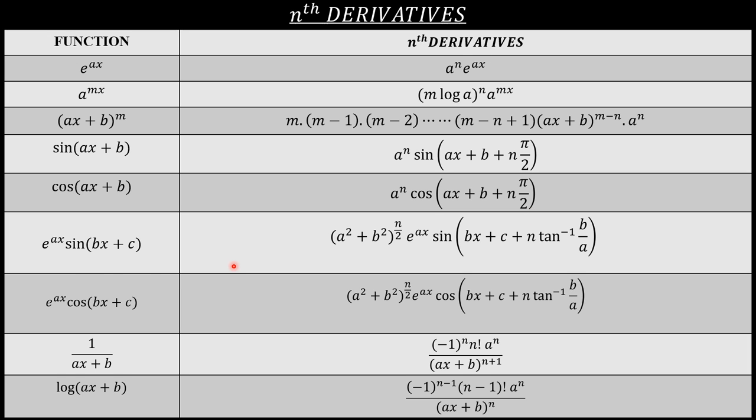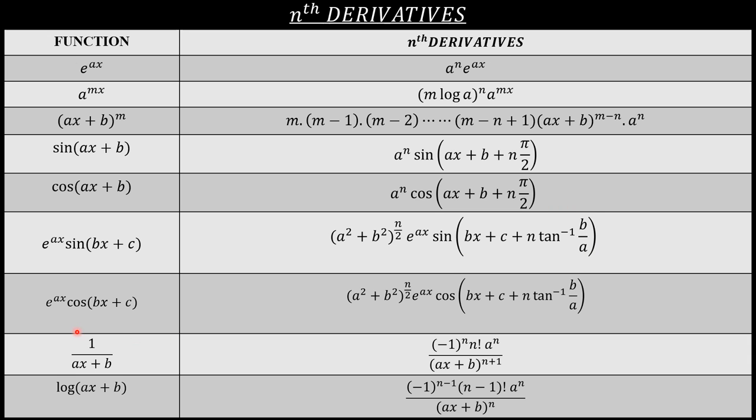The nth derivative of the product of the two functions, that is e to the power ax into sine of bx plus c, where your a, b and c are constants over here, is given by a square plus b square to the power n by 2, or you can also write it as square root of a square plus b square to the power n, multiplied with e to the power ax into sine of bx plus c plus n times tan inverse of b by a.